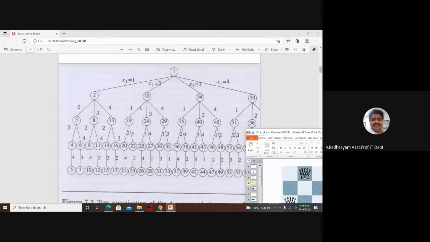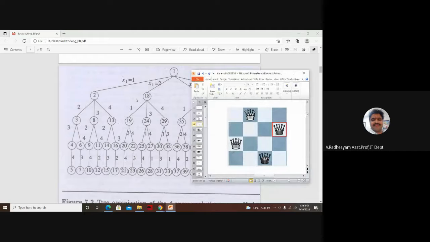This entire thing represents x2. This is x3. This is x4. Because we are having a 4x4 chessboard, x1, x2, x3, x4. These edges are only important for us, right?